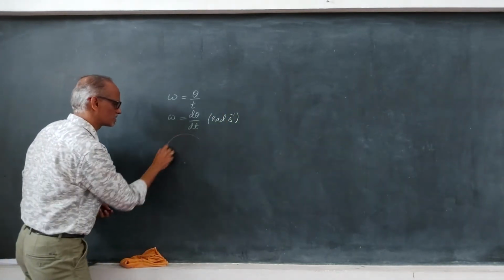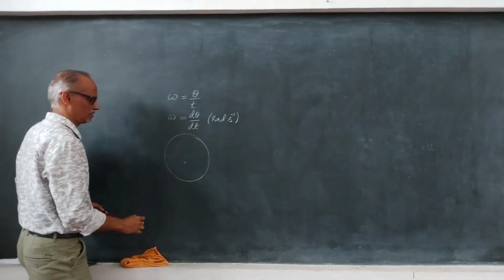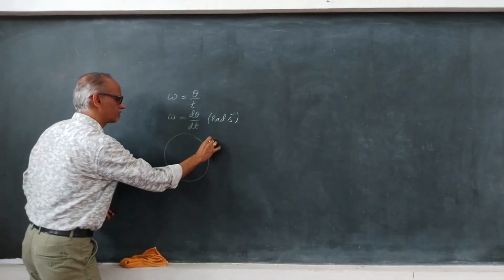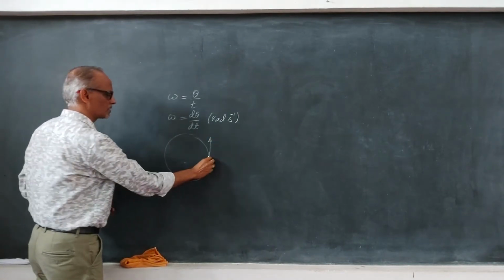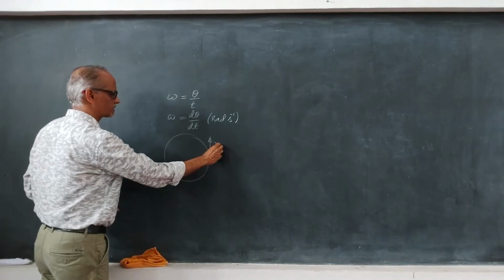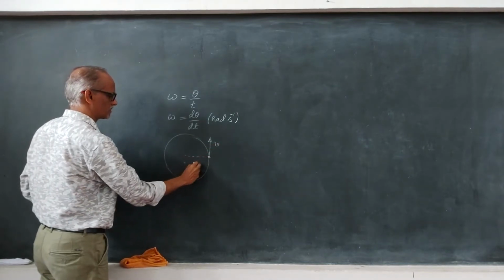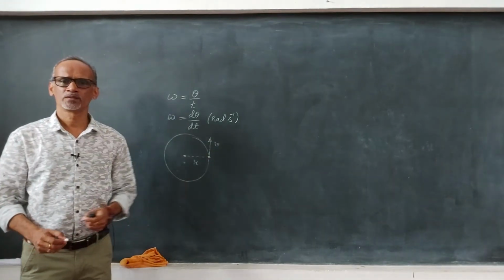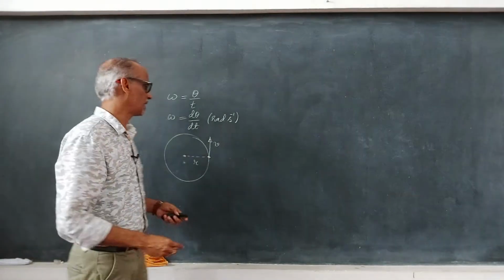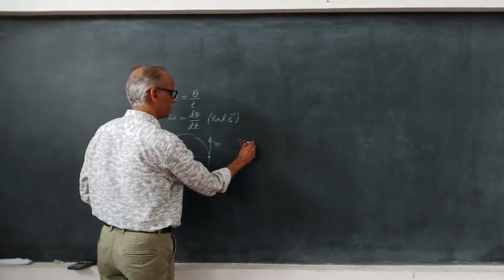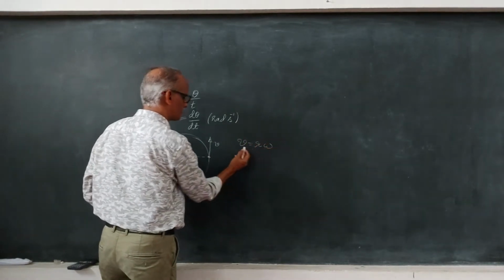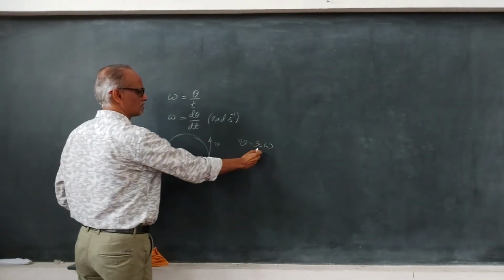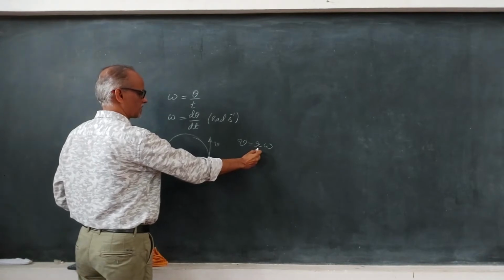And when a body moves in a circular path, the direction of the motion, or the direction of the velocity, is always tangential to the circular path. So, this is the radius of it. So, this is the linear velocity. What is the relation between the linear velocity and the angular velocity? It is given by v is equal to r into omega: linear velocity, radius, and then omega.